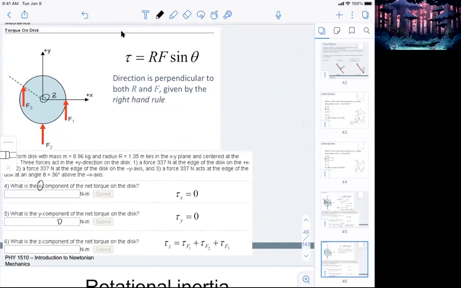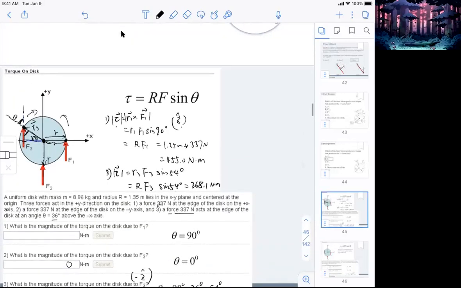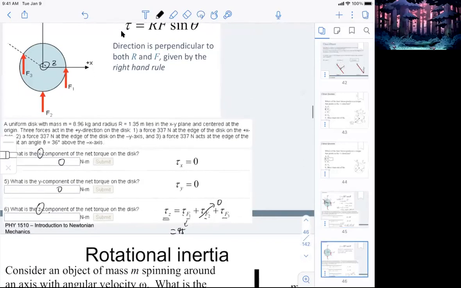The same goes for y, because all the torque is in the z component. So by asking for the z component, it's really just asking for the net torque. You add the torque due to F1, due to F2, due to F3. This one is 0. This one is positive, we just calculated 455 in the z hat.